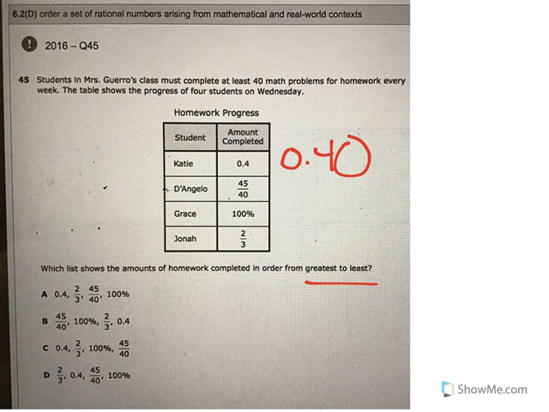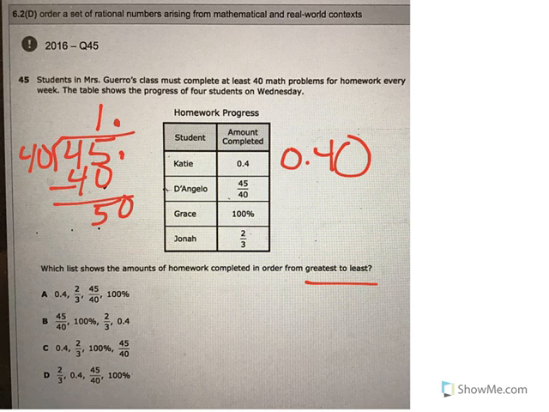45 over 100. Divide the numerator by the denominator. Now you can have a number greater than 0 on this. I'm running out of room, so I'm just going to go ahead and do the math.